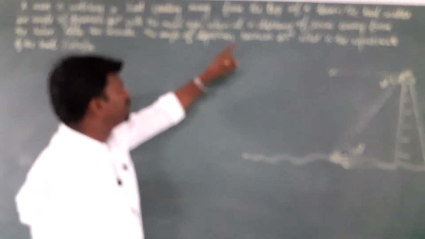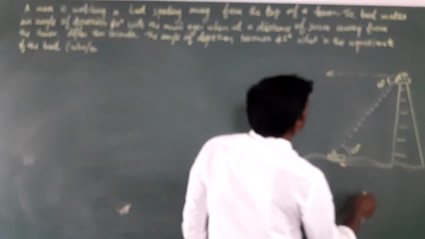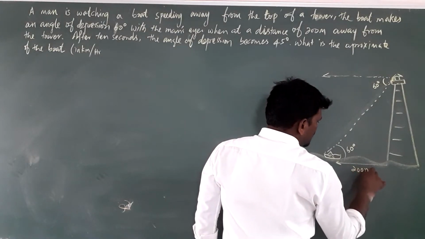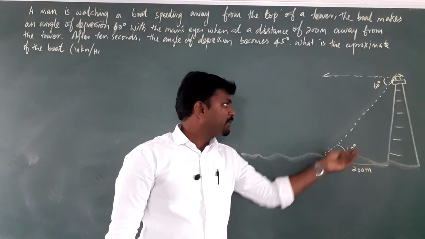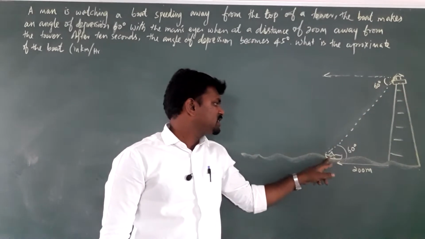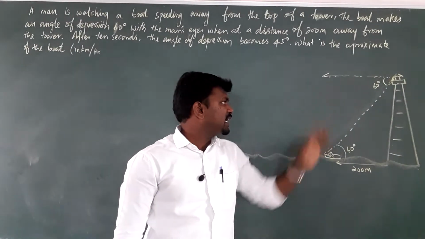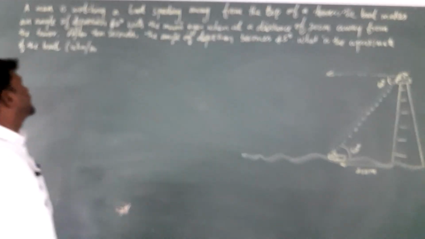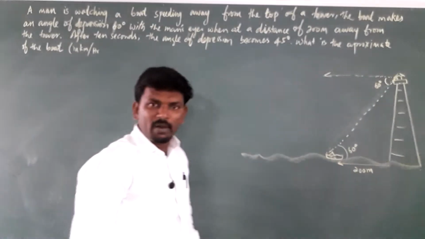Then with the man's eyes, when the boat is 200 meters away from the tower, when the man is watching the boat, the boat makes an angle of depression of 60 degrees. Okay, after 10 seconds what will happen?